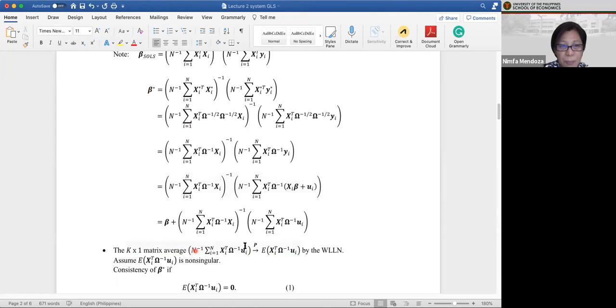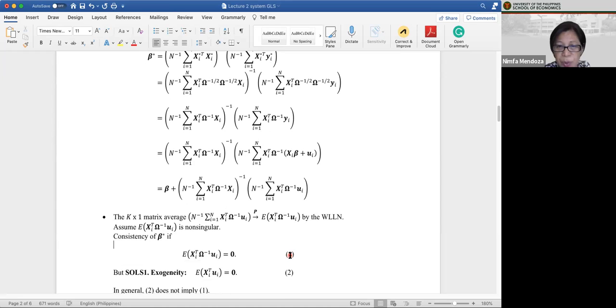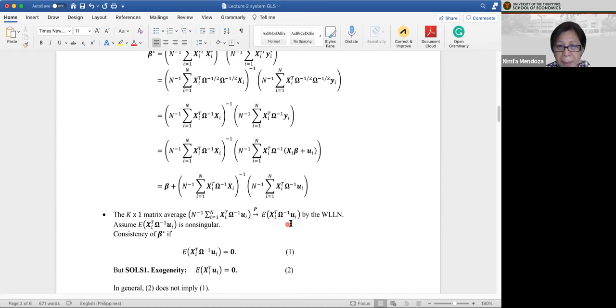But if you look at this expression, that is really an average. That is the population average. That is the sample average. Therefore, assuming this is the sample average, we know that using the weak law of large numbers, it would converge in probability to the population mean.